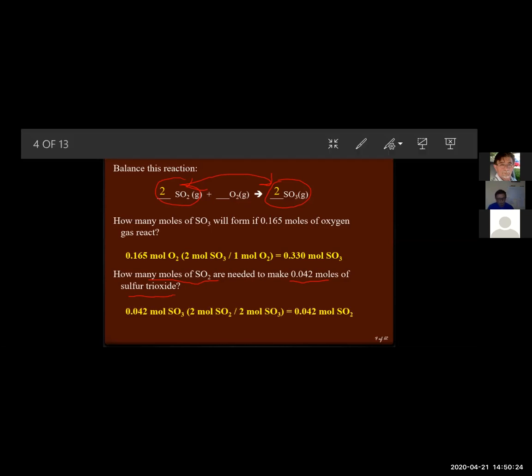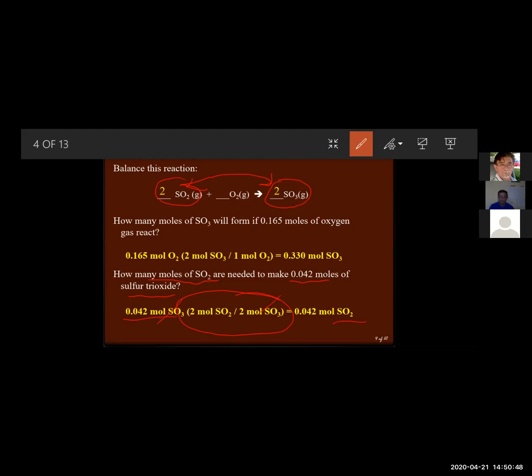And so you can see here that we're given that amount of sulfur trioxide from the problem. This is from a balanced chemical relationship. That's what we call the stoichiometric relationship, which is 2 to 2. And you can see that sulfur trioxide units cancel out, leaving us with sulfur dioxide.